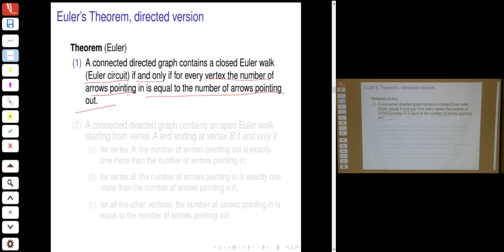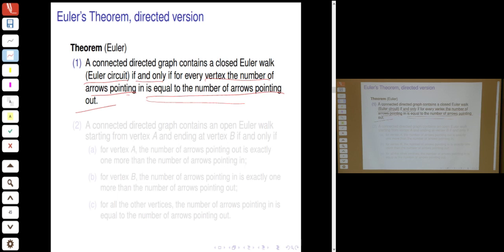So here the condition is that you are allowed to enter into the vertex C only via an edge that points towards vertex C, and you are allowed to exit vertex C only via an edge that points away from vertex C, right?